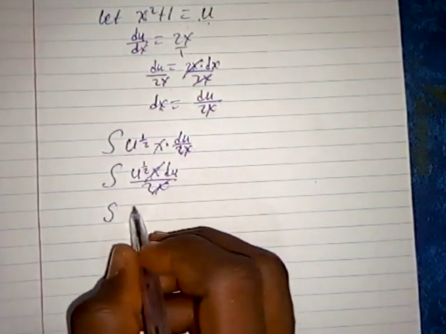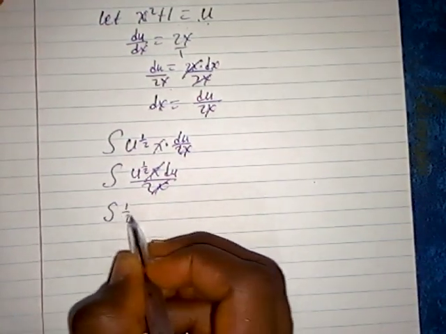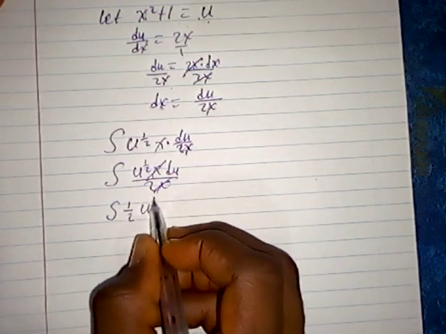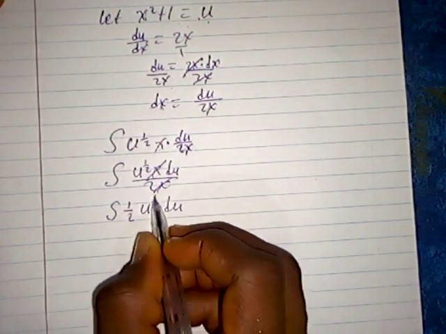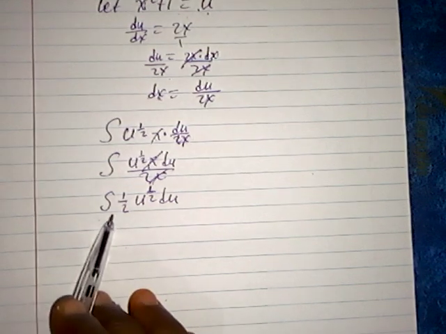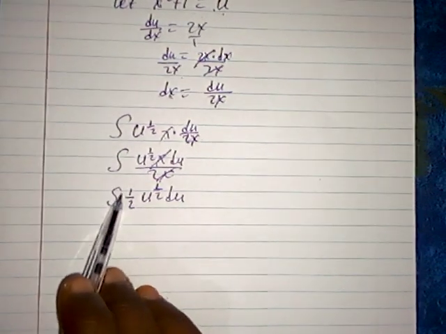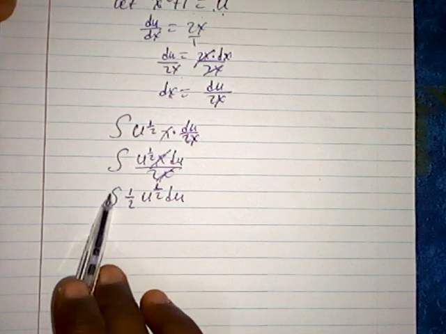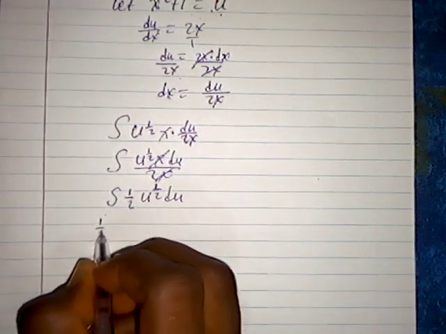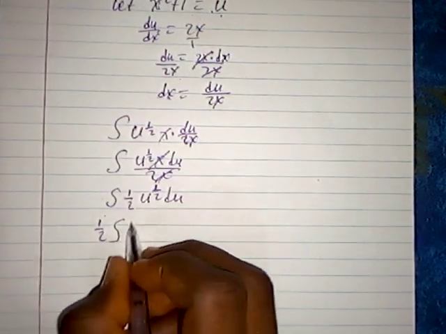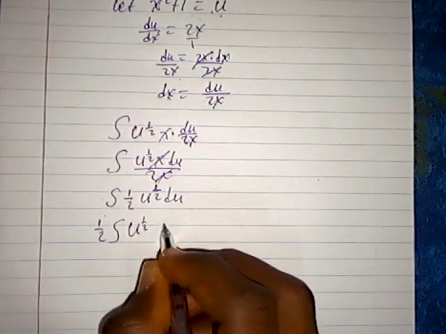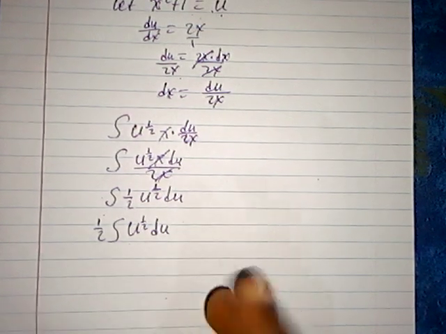So the integral of 1 upon 2 times u to the power 1 upon 2 du. Anytime you have an integral like this, we send this number in front of the integral. We say 1 upon 2, the integral of u raised to the power half du.